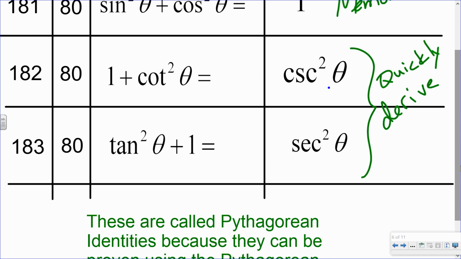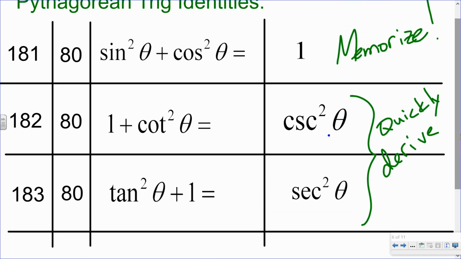Very easy. What if I had secant squared minus 1? What if I subtracted 1 from both sides? What would secant squared minus 1 be? Tangent squared. What if I did 1 minus sine squared?